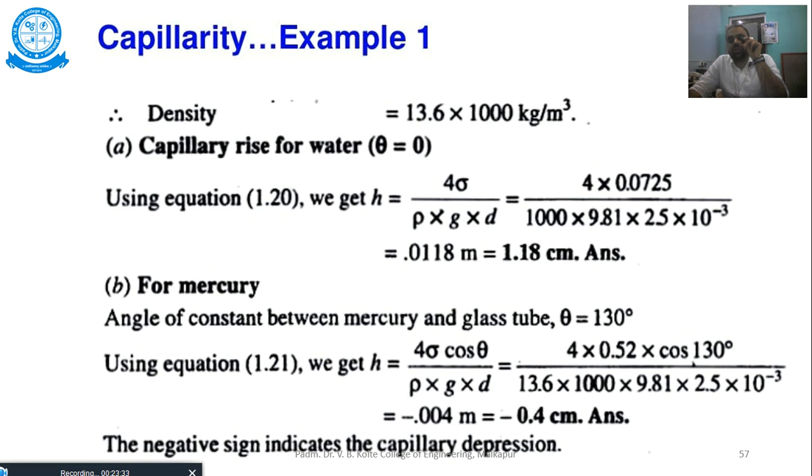Sigma will be 0.52 multiplied by cos of 130 degree divided by rho is given 13.6 into 1000 multiplied by g is constant one 9.81 into diameter of tube is also given 2.5 into 10 raised to power minus 3. From that we will get the capillary depression or capillary fall, which is nothing but minus 0.4 centimeter. Negative sign indicates that it is the capillary depression, or it may be called capillary fall.